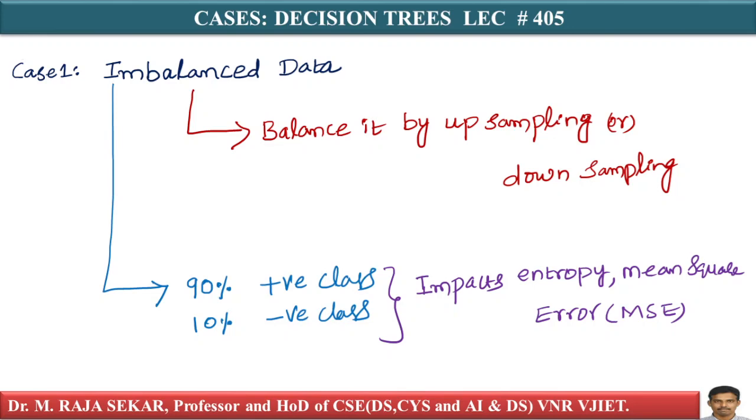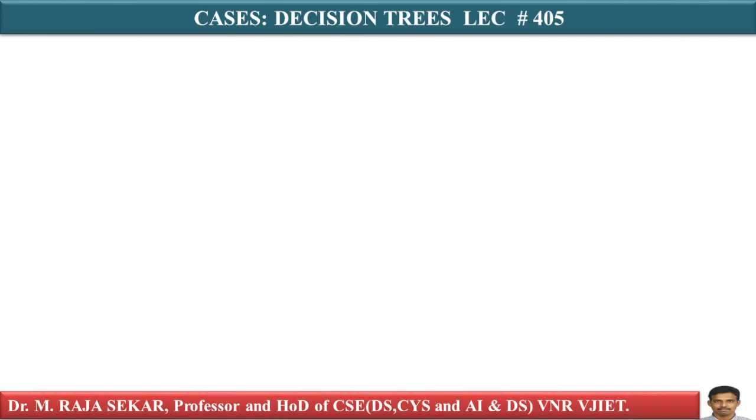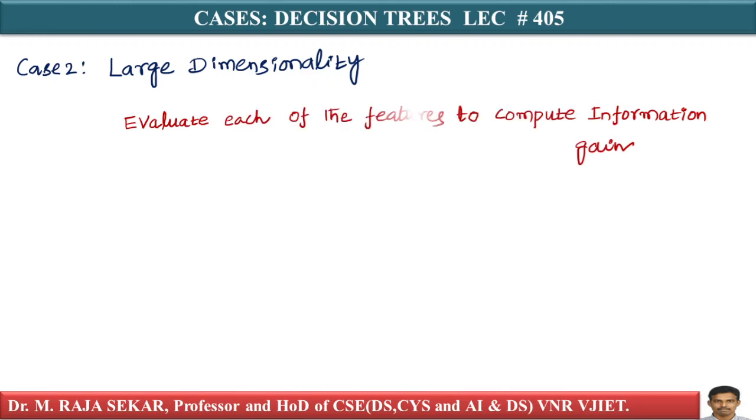The second case is, what if we have large dimensionality? If you have large dimensionality, at each node in the decision tree, we have to split it. We have to evaluate each of the features to compute information gain for each of the feature splits.